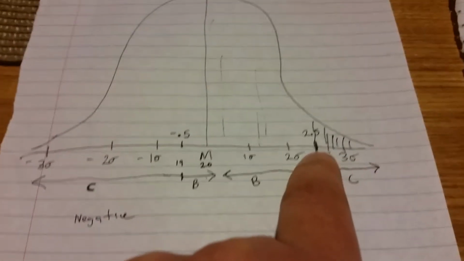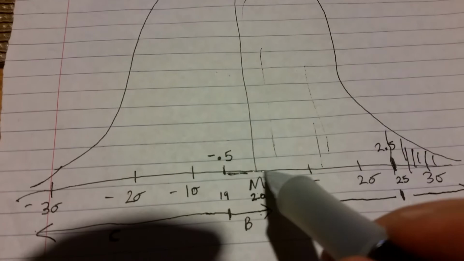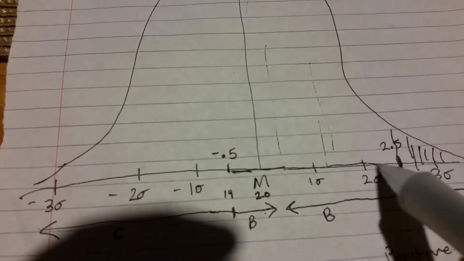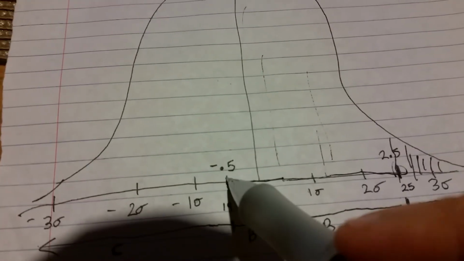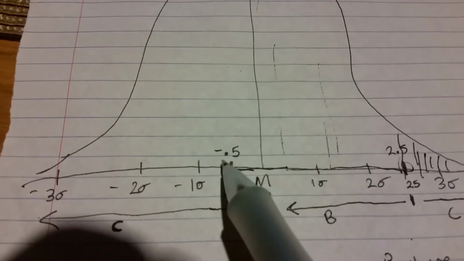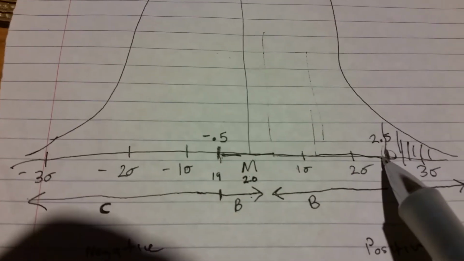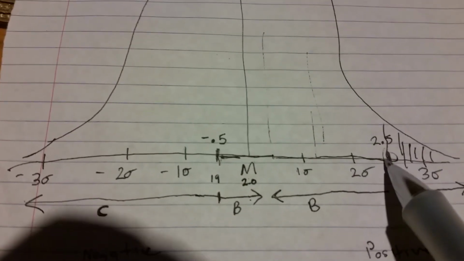We've already stated that our z-score of 2.5 is somewhere right here. So if you can just visualize this, this whole area is really the area we are concerned with for this problem. Negative 0.5, this is our mean, to a z-score of 2.5.